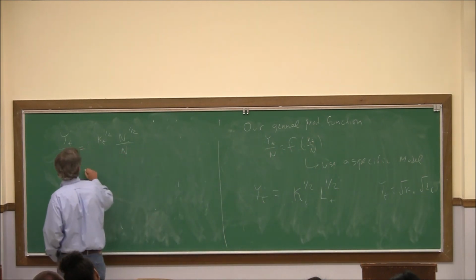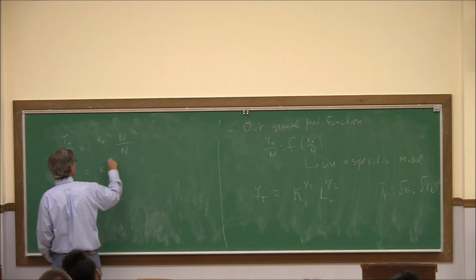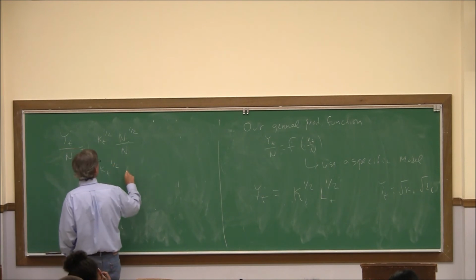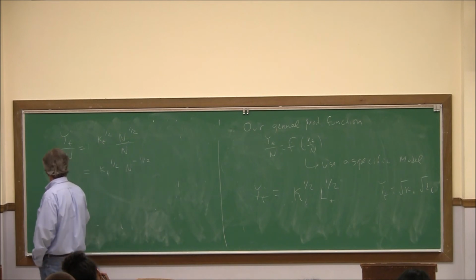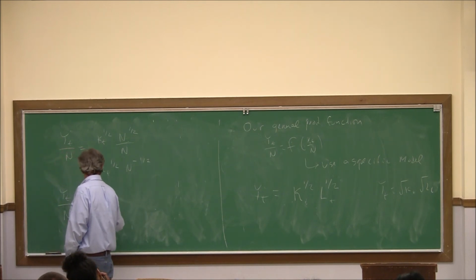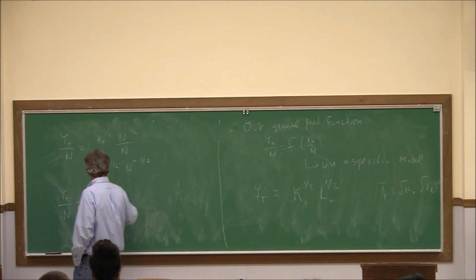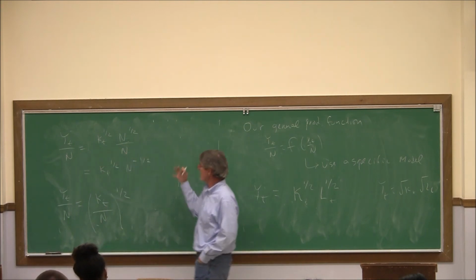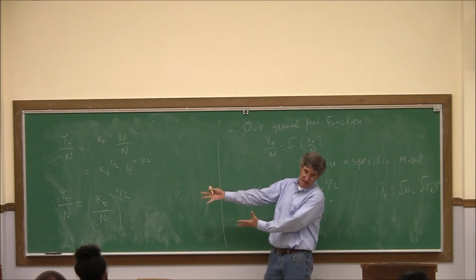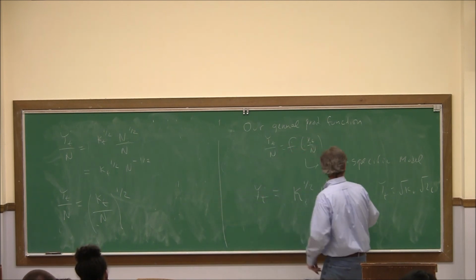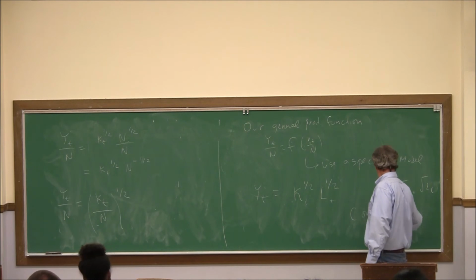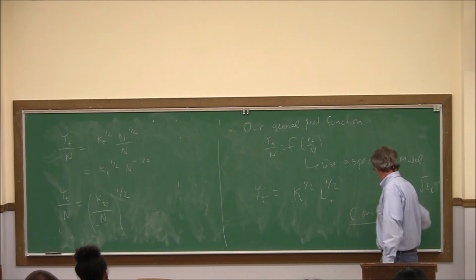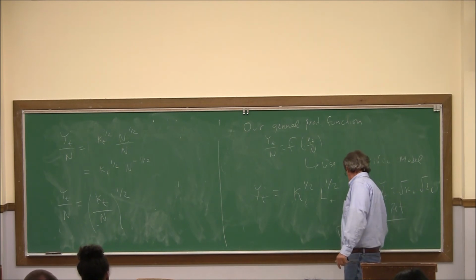So that's kt to the 1/2 n to the minus 1/2. So we can write Yt over n as nothing more than kt over n to the 1/2. So that's what the Cobb-Douglas tells us. And I meant to say back here that it has constant returns to scale and diminishing returns to individual factors.